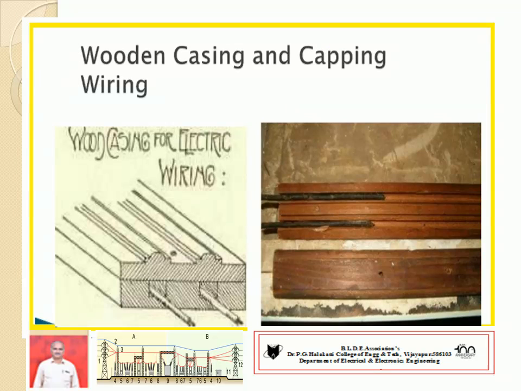The wooden casing is first fixed. There is some gap, and two wires are placed in the wooden structure. After that comes the V-shaped top capping. This is an earlier used permanent type of wiring.